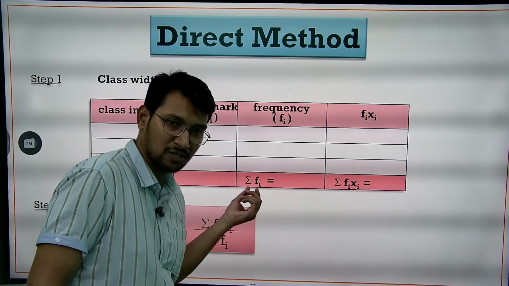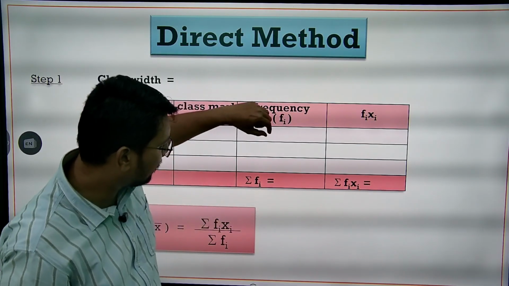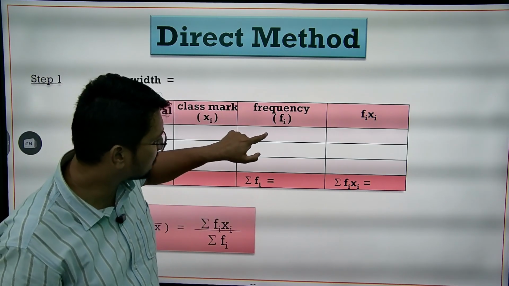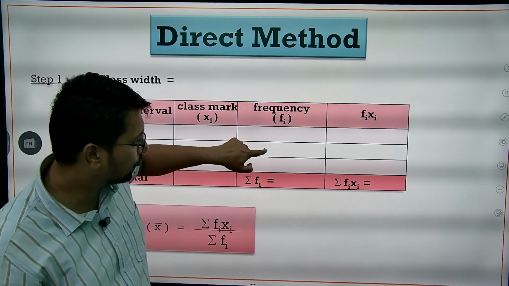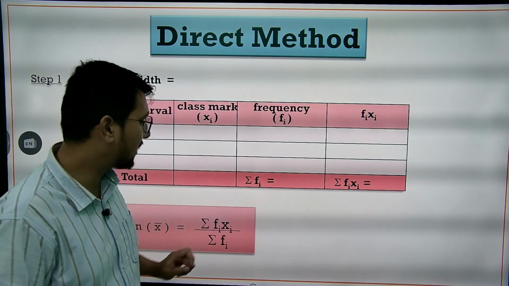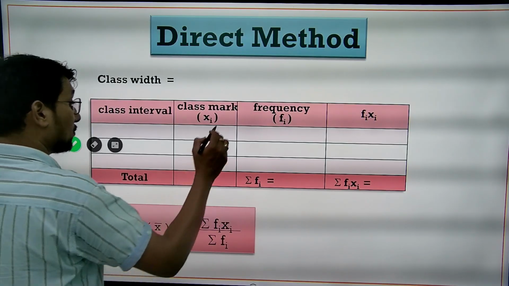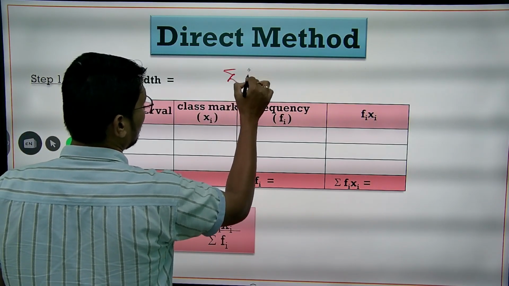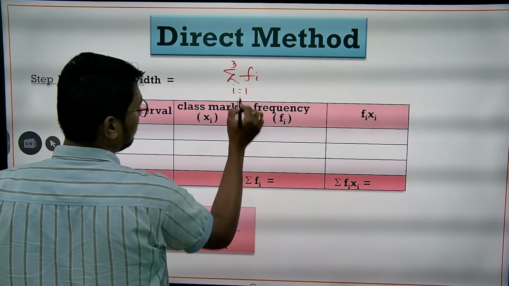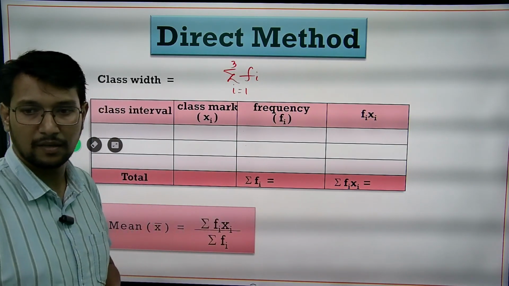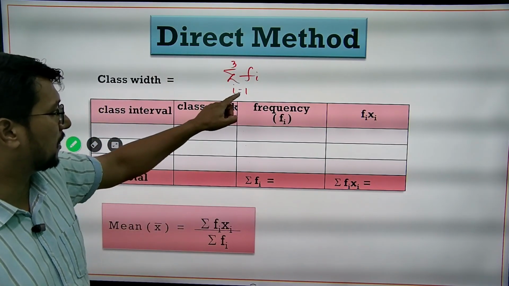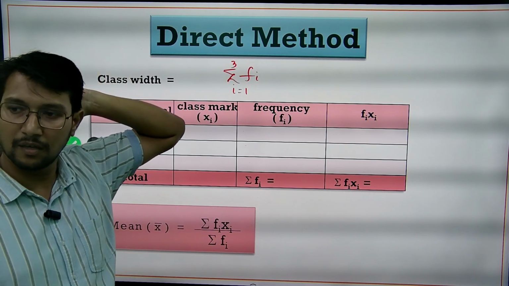Similarly, this is that function, so it will add from this row to this row, where fi means f1 row, f2 row, f3 row. Actually it is written like this: summation fi, where i equals 1, 2, 3, because there are 3 rows. In higher classes you are going to study about this.